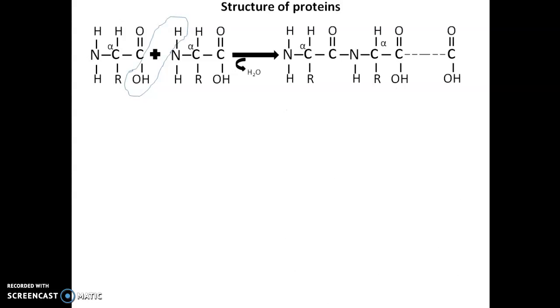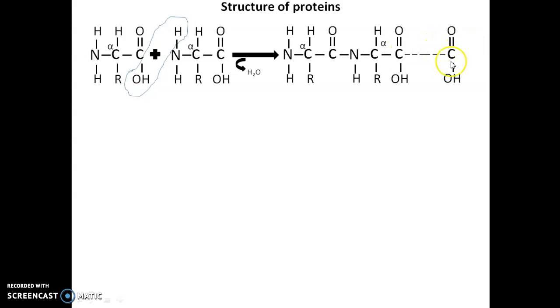This leads to the formation of a peptide linkage or amide linkage, or say amide bond, as it is formed between the carboxyl group and the amino group. Thus, it looks like CONH is involved in the formation of this peptide linkage, so it is also called an amide bond or amide linkage.